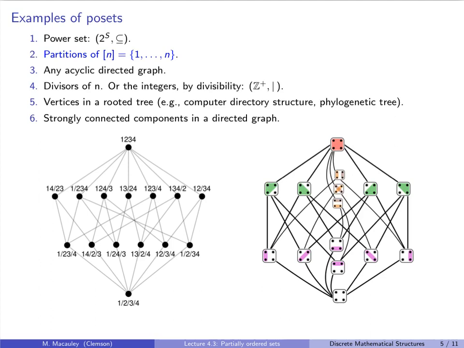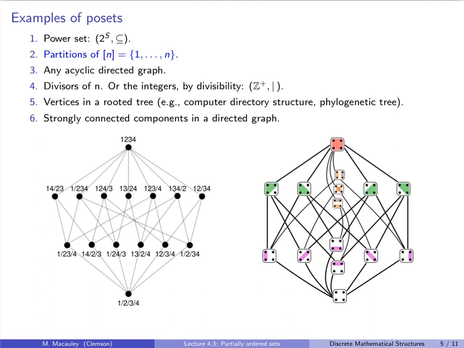So this poset has one minimal element that has 4 size 1 blocks, which is also the minimum, and it has one maximal element, which has one size 4 block, which is also the maximum, because it is above everything. This poset has height 4 because the length of the longest chain is 4, and it has width 7 because there is a size 7 anti-chain, that is 7 elements that are all mutually incomparable.